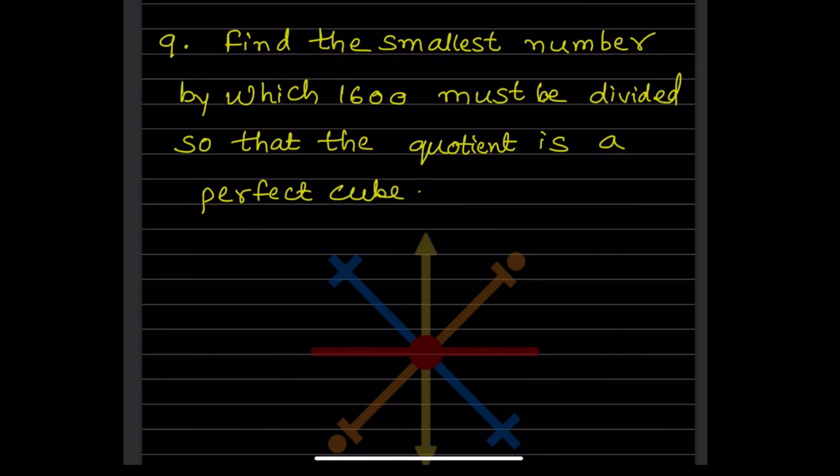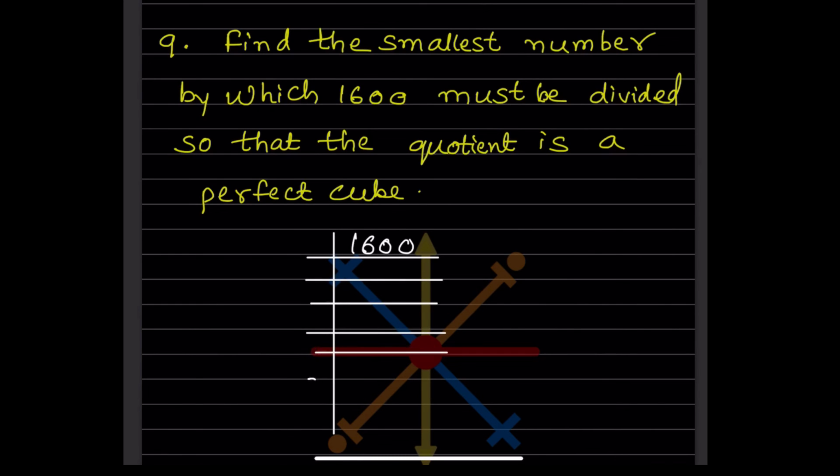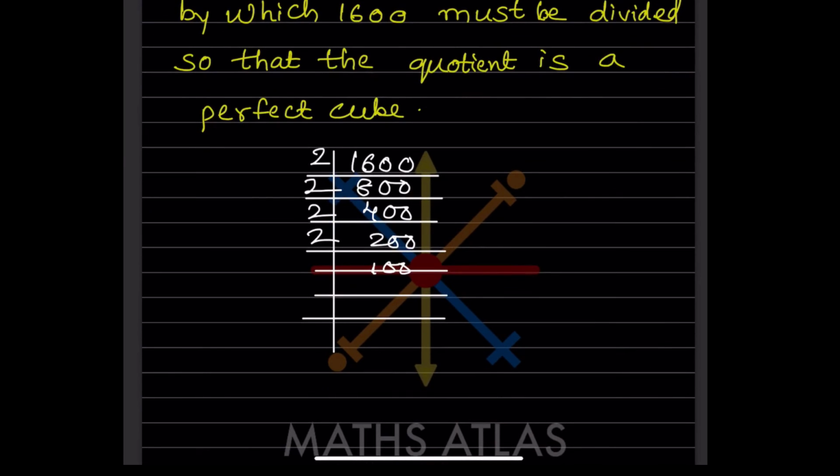Now the next one, find the smallest number by which 1600 must be divided so that the quotient is a perfect square. But again, we have to find the factors for this one first. And then let's see what to do. So this is going to be 2, 400, 200, 100, here will be 50, here will be 25, and now this goes with 5, and this is going to be 1.